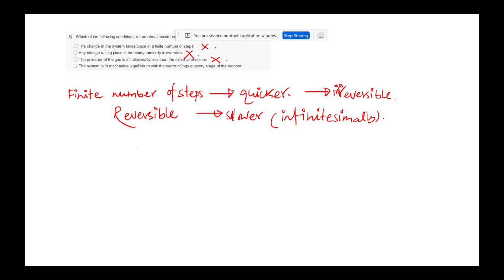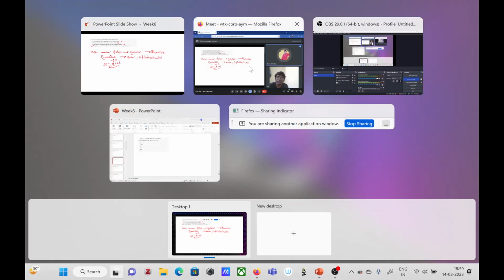From the first law of thermodynamics we know delta U is equal to Q plus W. Since it is mechanical equilibrium we can neglect Q, it is 0, so W equals the change in internal energy. So all the change in internal energy will be due to W. So that should be the case. The system should be in equilibrium mechanically with the surroundings at each and every stage of the process. Okay? Logics are clear?